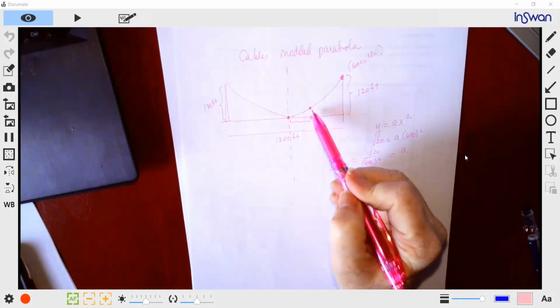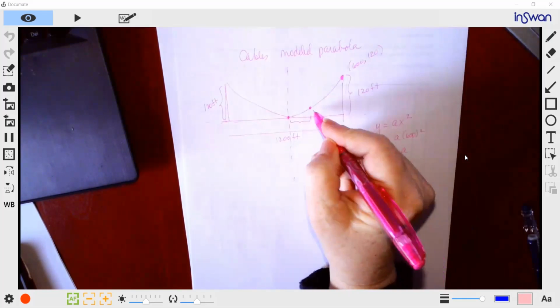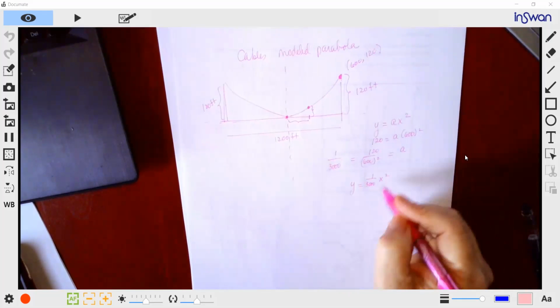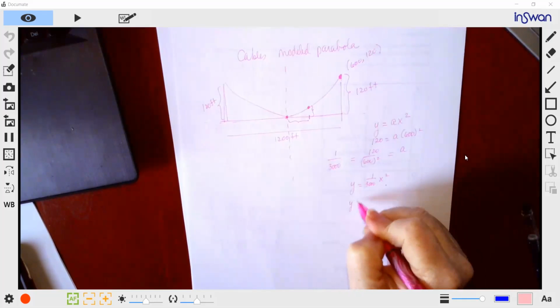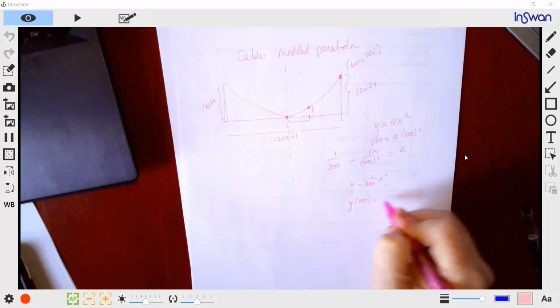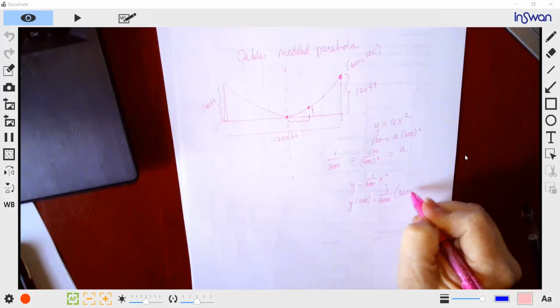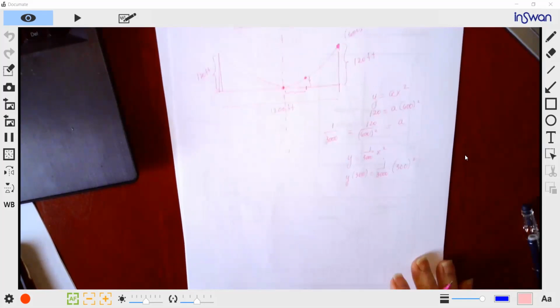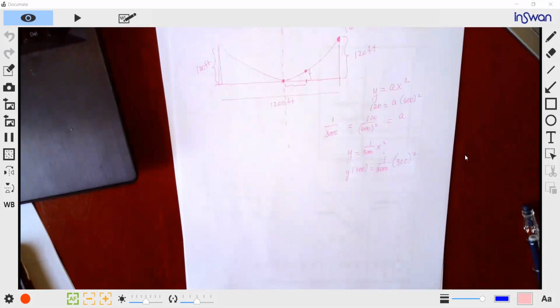And you want to know what this y, or vertical height, is when x is 300. Just plug it in. So y at 300 would be 1/3000 times 300 squared. And I get 30.